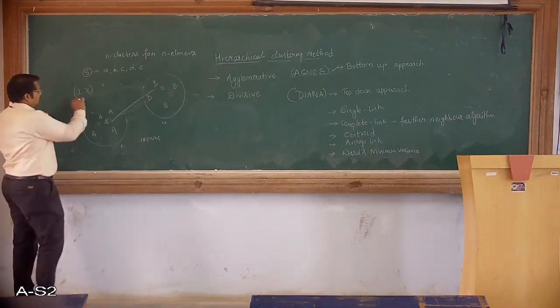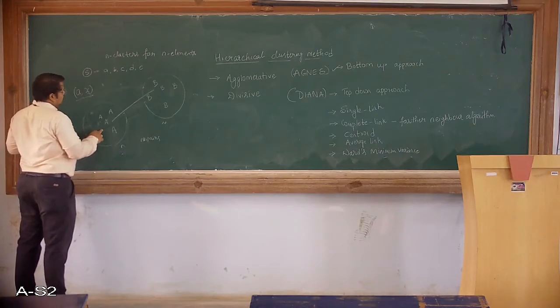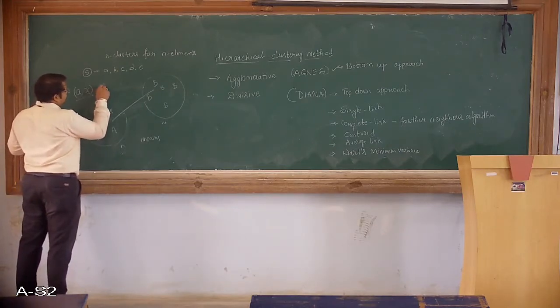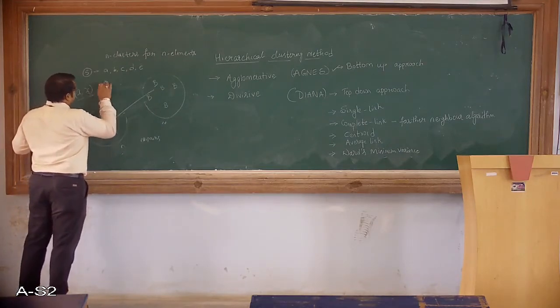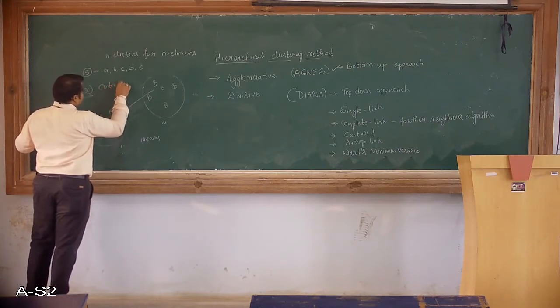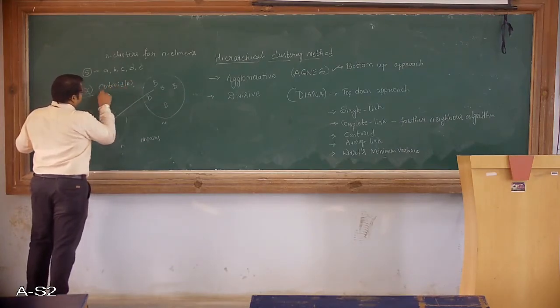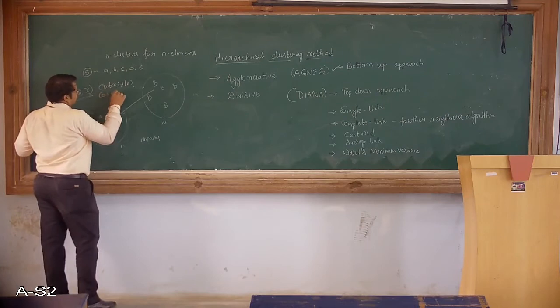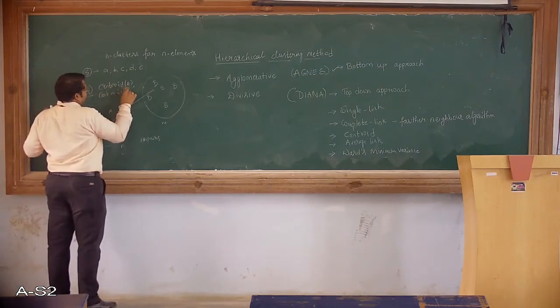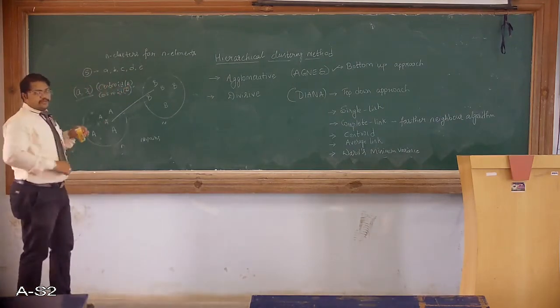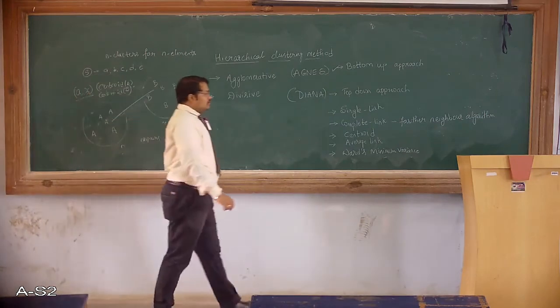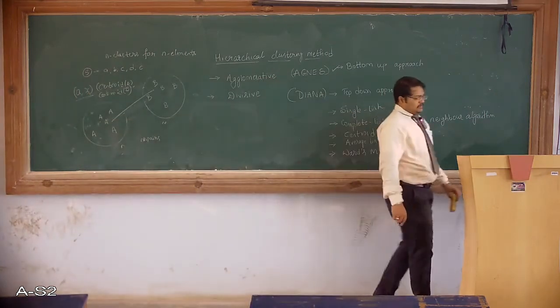So here instead of A comma x, for the centroid algorithm it will be centroid of A comma centroid of B. So the distance between those two points will be checked.